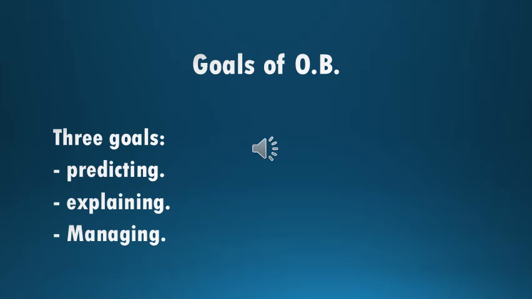After all of what we said, it becomes so very obvious that organization behavior has certain goals. Mainly, there are three. Those three goals are predicting, explaining, and managing behavior, managing people at work.